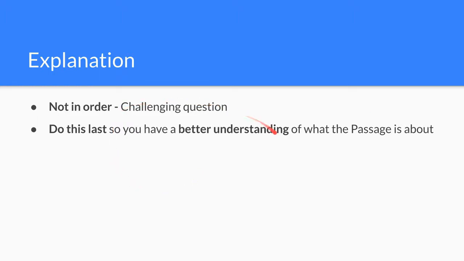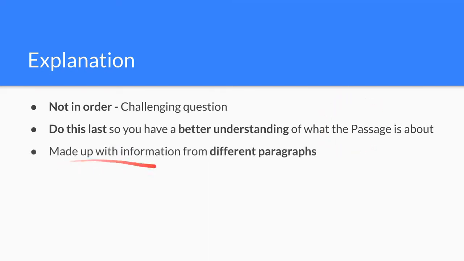So when you do the easy questions first, you're going to build a better understanding of that reading passage. You'll get a chance to familiarize yourself more with the information in the passage. So this way, it'll be much faster for you to locate the information. The paragraph location questions are going to be made up with information from different paragraphs.